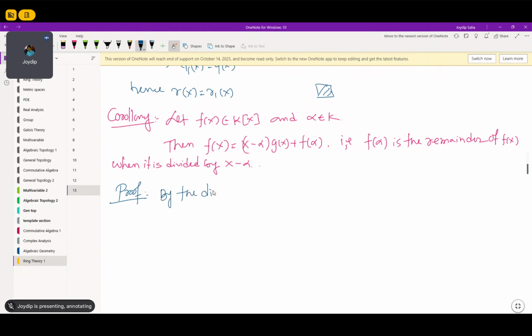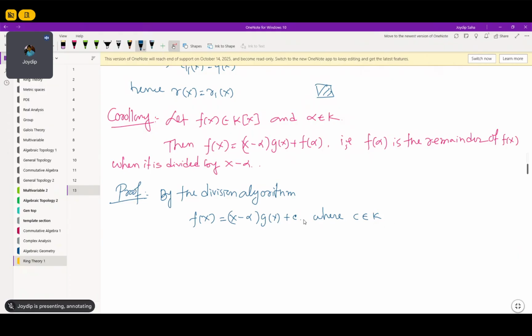By the division algorithm, f(x) can be written as (x - alpha) g(x) + c, where c belongs to K, because the remainder should have degree 0, or it may be 0.